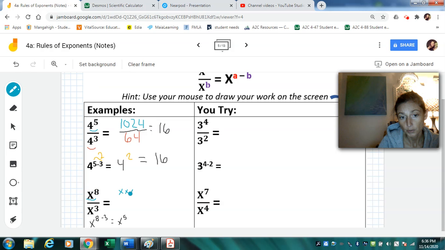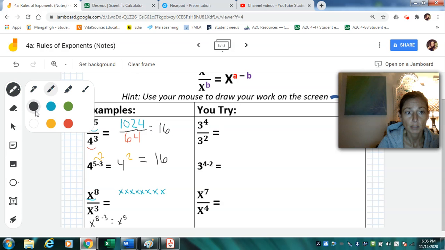1, 2, 3, 4, 5, 6, 7, 8. So that's 8 x's getting multiplied by themselves, divided by x cubed.